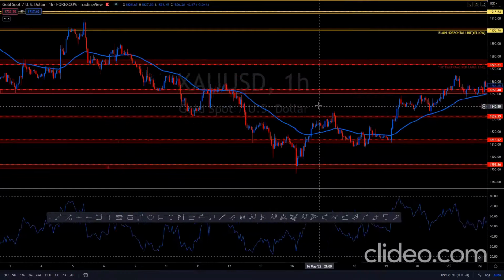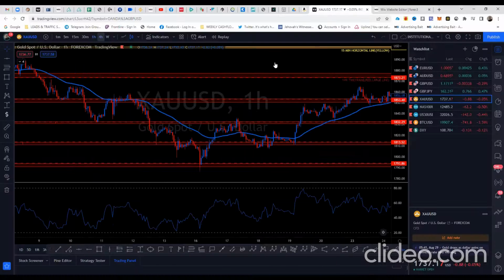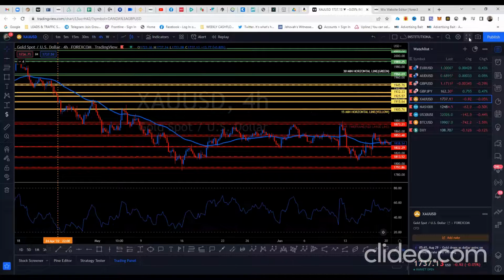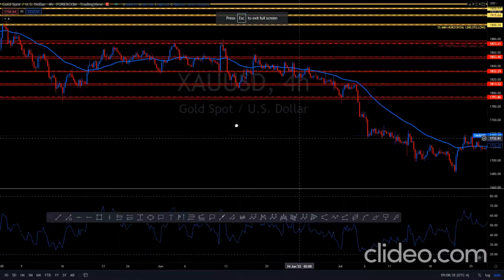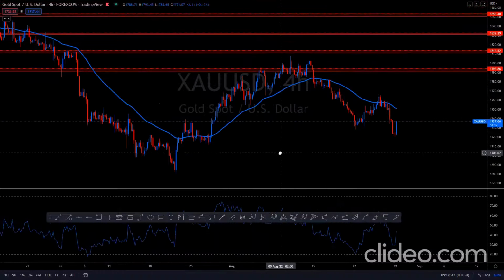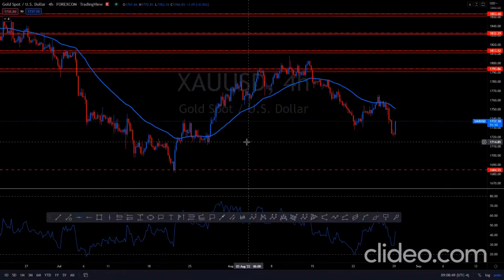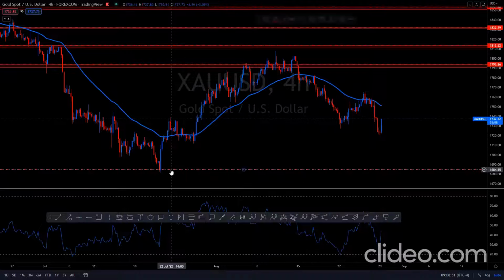All right. Now we're going to move on to the 4 hour, and we're going to look at the structure of the 4 hour. We see that there's a single candle demand zone here.